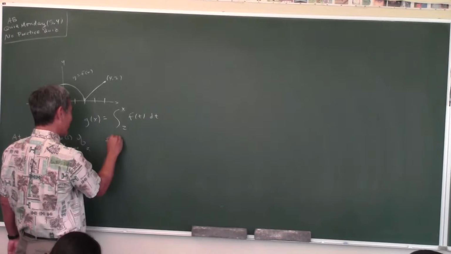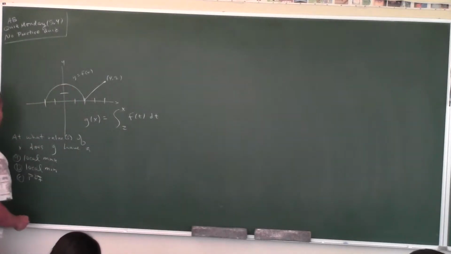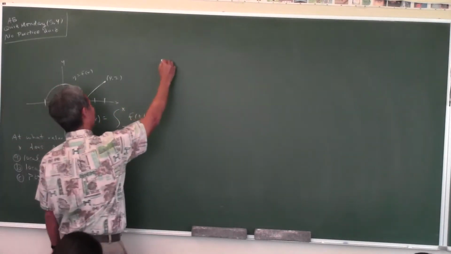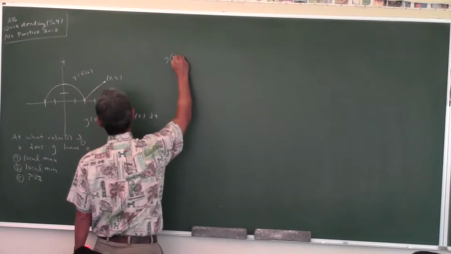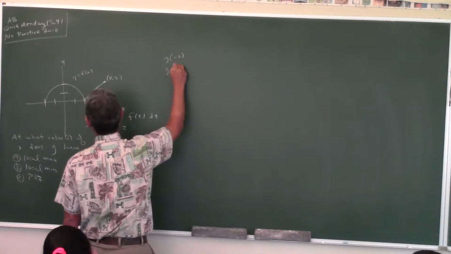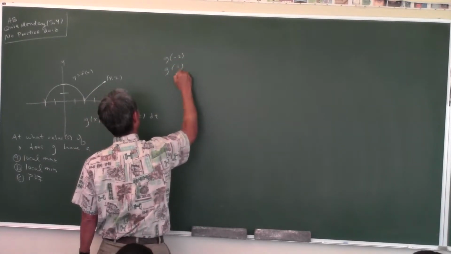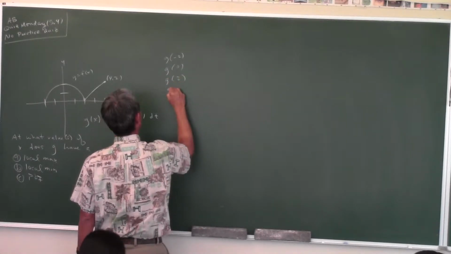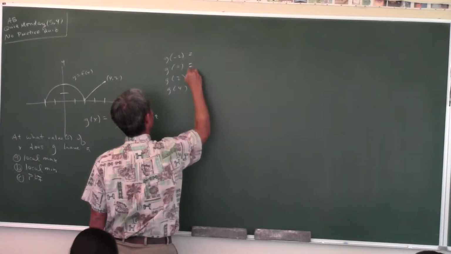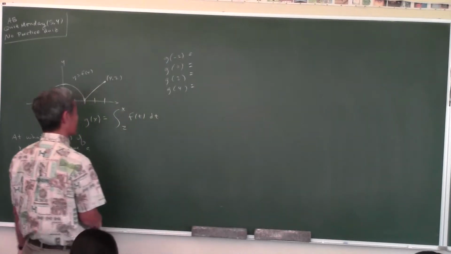Oh, I'm sorry, we have to do some preliminary problems too, I forgot. Before this, we also have to compute the following values: g of -2, g of 0, g of 2, and g of 4. Compute these four numbers before we even get started.